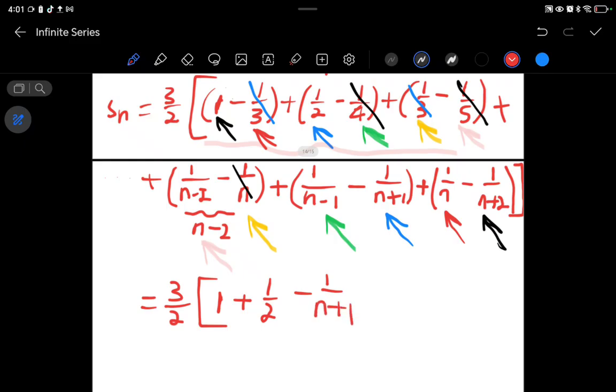And also, what else? Oh, 1 is matched to minus 1/(n plus 2), not n plus 1. You see, right? So that's the case.